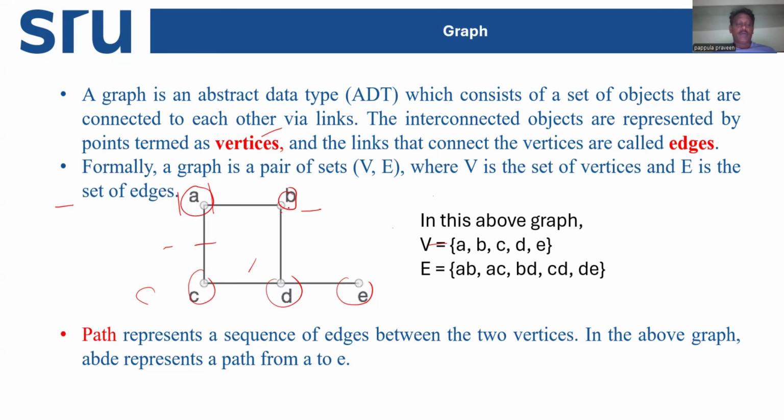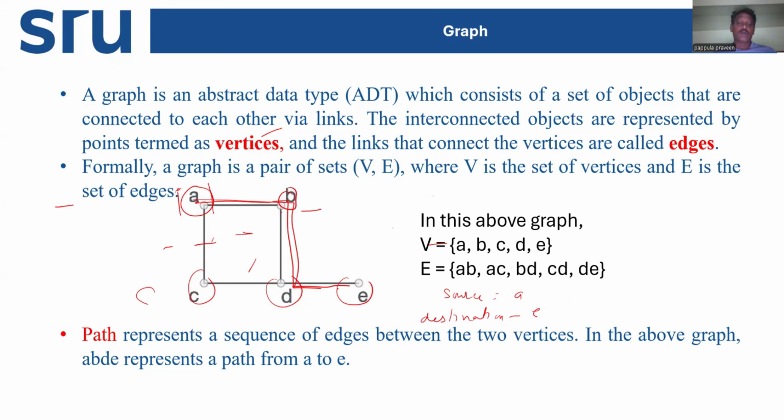A path represents a sequence of edges between two vertices. In the above graph, A, B, D, E represents a path from A to E. We start from A, A to B, B to D, D to E. The source is A and the destination is E. Between A and E we have two paths.